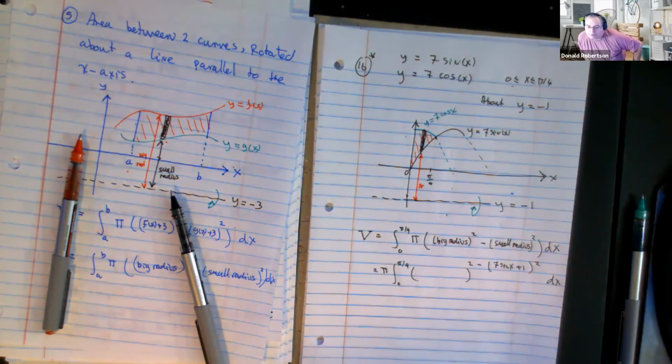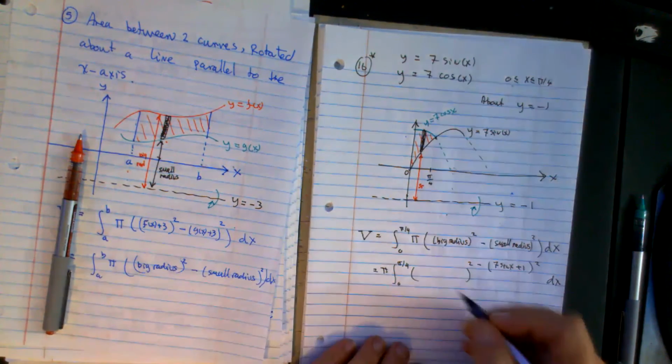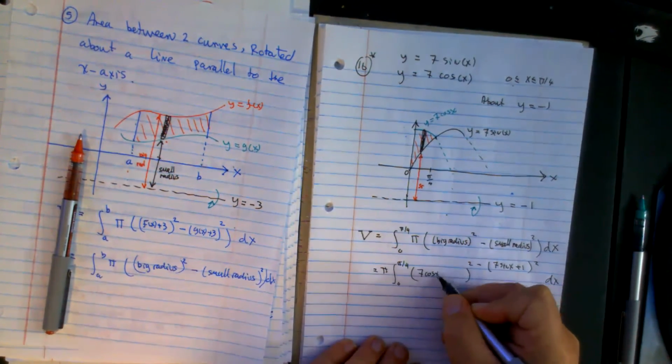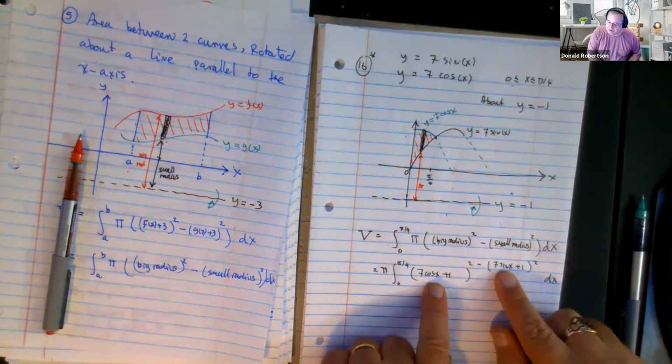What's the big radius going to be? Is it 7 cosine x plus 1? Have you noticed that these two guys tend to look the same? It's basically function add 1.